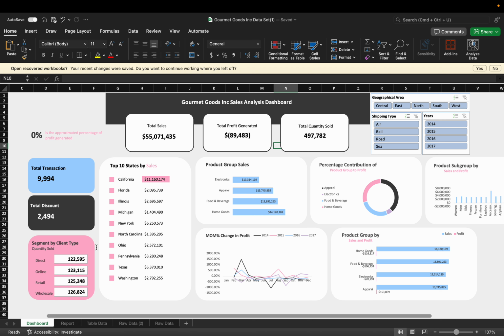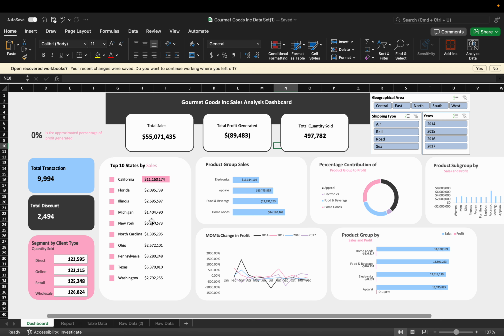Then we look at the quantity sold by client type. We have the four client types, and we see they are close in number in terms of the quantity of goods sold for each client type. Now we look at the top 10 states by sales.